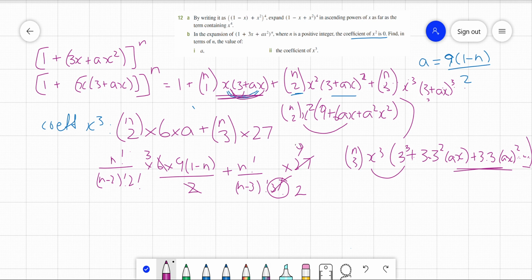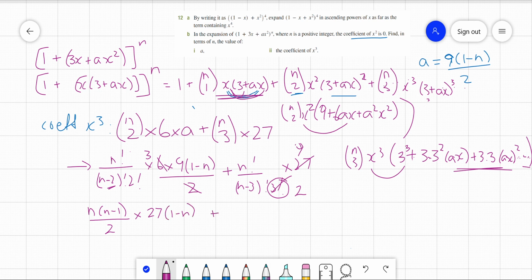Oh goodness. Alright, so simplifying n factorial on n minus 2 factorial, sorry I said 9 instead of n, so n minus 1 and then n minus 2 factorial, so that cancels that one out. But it's still on 2, 2 factorial is 2. Now what have I got left here? 3 9s are 27, lots of 1 minus n.